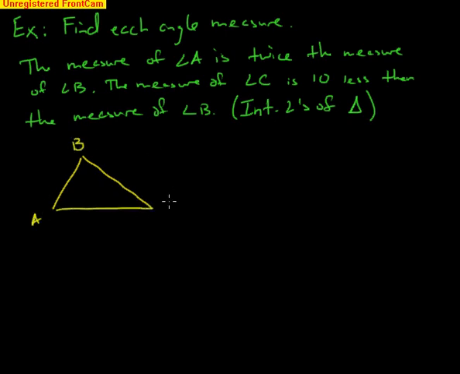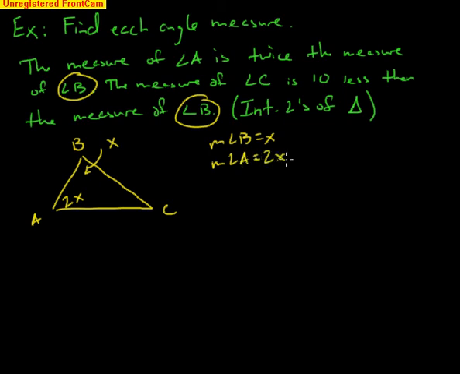So to do this problem, let's draw a picture. A, B, and C. Let's let the measure of angle B be x. So then, what is the measure of angle A? It's twice the measure of angle B. That means angle A is 2x.